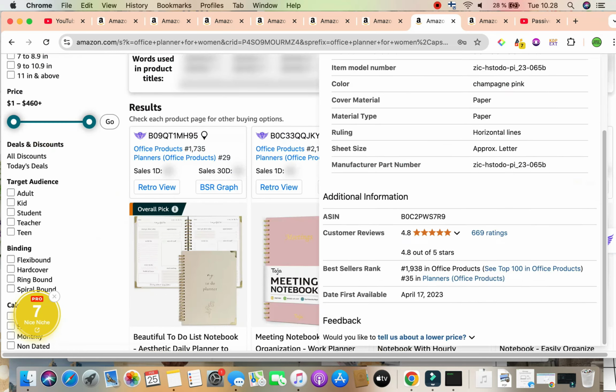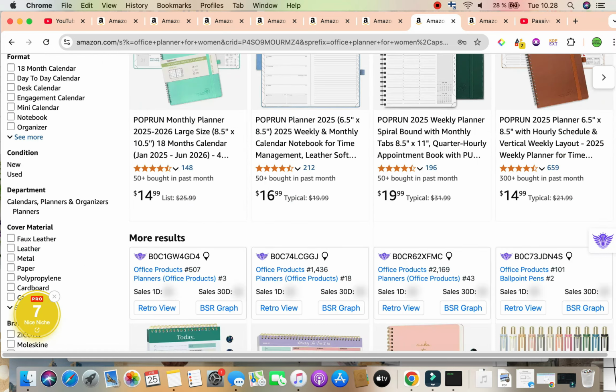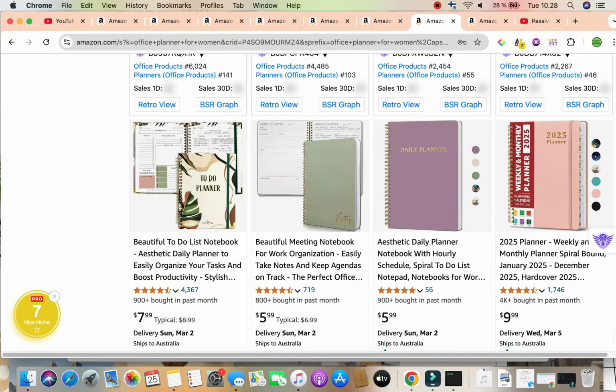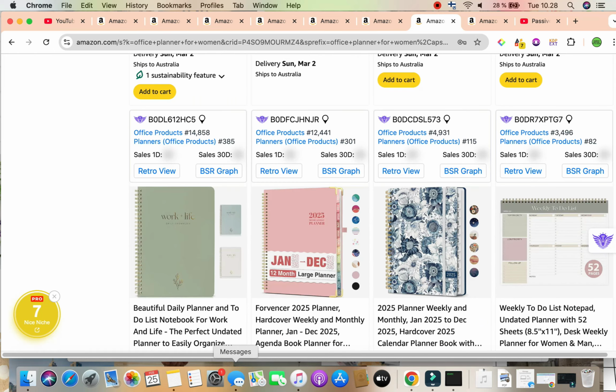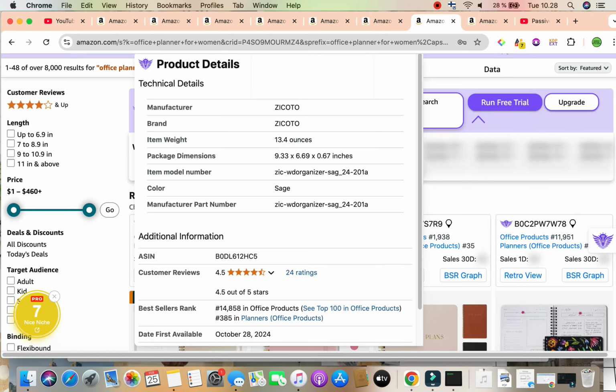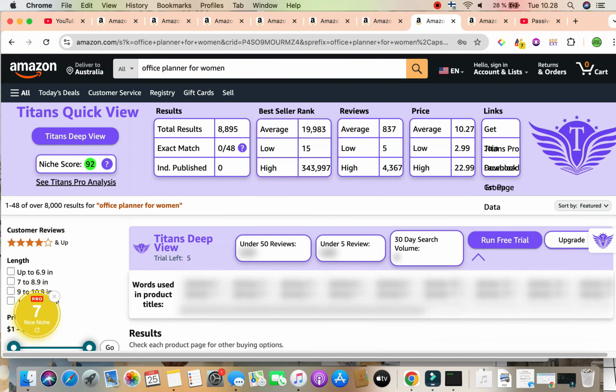So if you currently have any planner that's for the office for women, start adding this keyword for your 7 keyword slots. And what I love about this is that there is no year indicated, so it's not specifically towards a specific year. One of the downsides of having a book published for, let's say, for example, 2025 or 2024, is that once that year is up, if that is in your title, you will not be able to change that book.